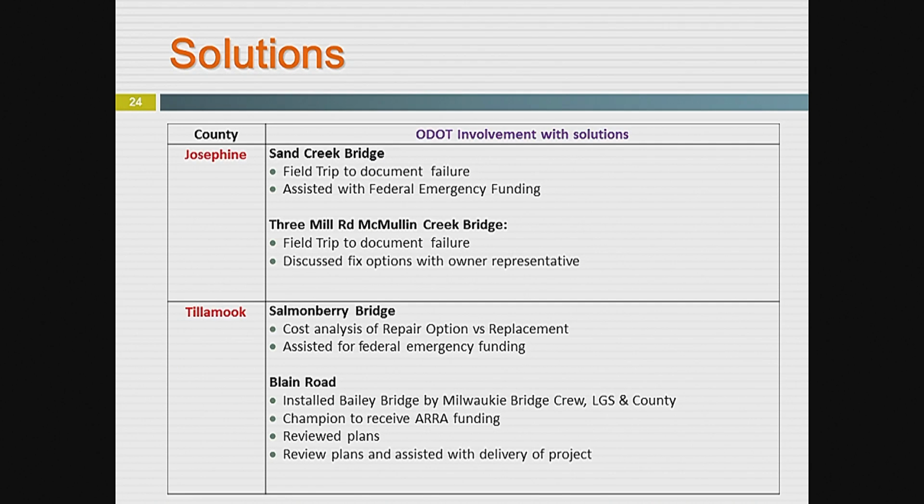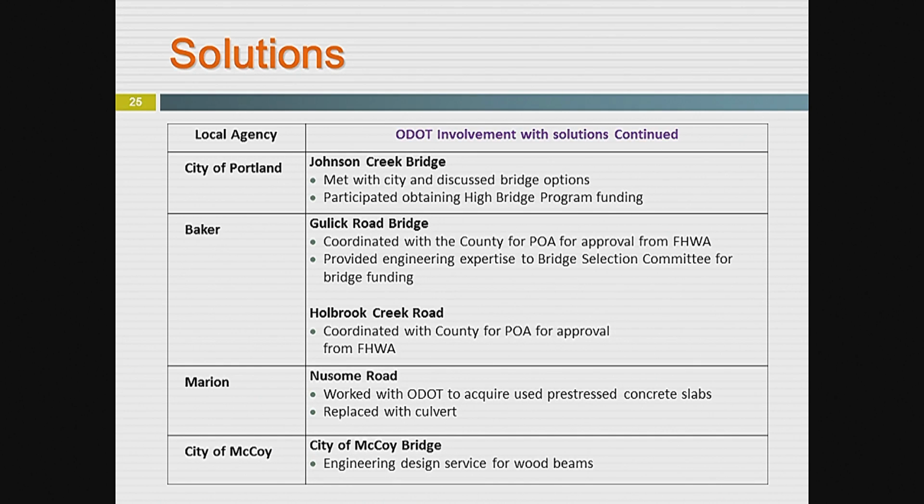It's just a tabulation of some of the solutions we worked out with the local agencies, like Josephine County. I went out in the field, looked at it, documented it, and championed for emergency funding. Tillamook County, similar things like we talked about. City of Portland, I didn't go. Bruce himself went out and looked at that and decided that they're eligible.